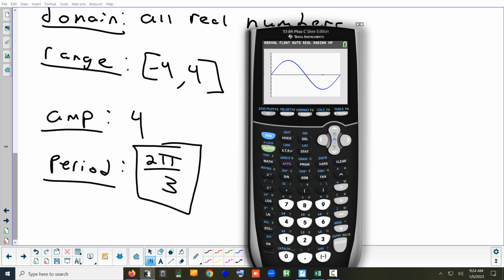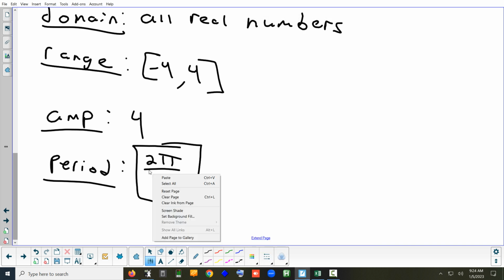Now, if you wanted to see 2 cycles on the screen, you would need to set your window so that it has a width of double the period. If you double the length of this number, what do you get? Yeah, 4 pi over 3.